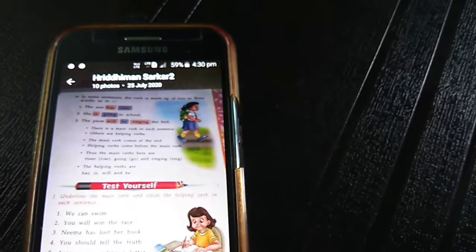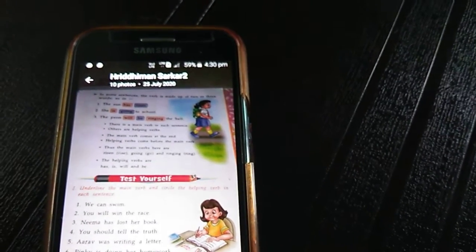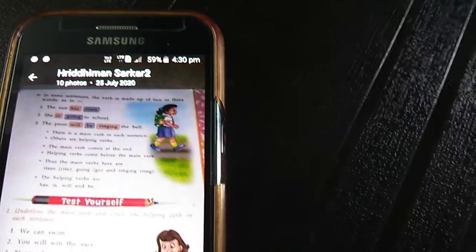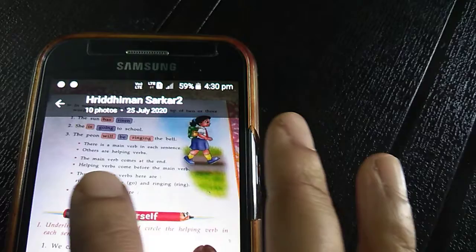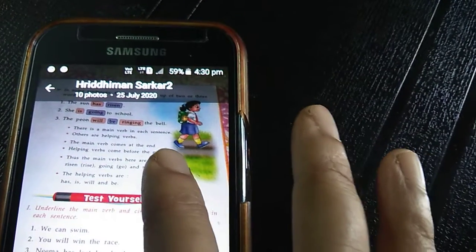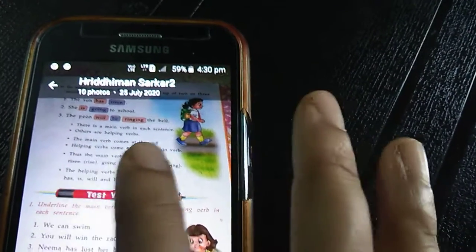So has risen, is going, will be ringing: these are 2 or more words used. Clear? Now see, there is a main verb in each sentence, and the others are helping verbs.